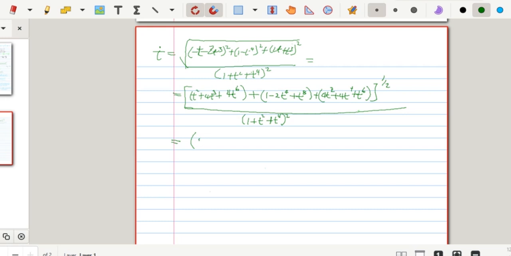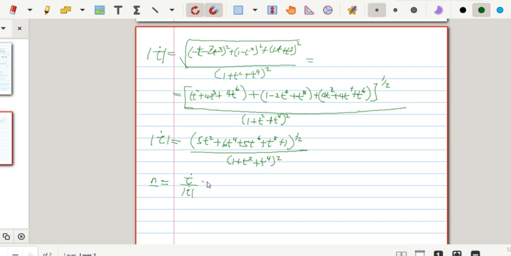If you simplify it, we are going to have 5t squared plus 6t raised to the power of 4 plus 5t raised to the power of 6 plus t raised to the power of 8 plus 1 all raised to the power of 1 over 2, and all divided by 1 plus t squared plus t raised to the power of 4 raised to the power of 2. So this is our modulus of t dot.